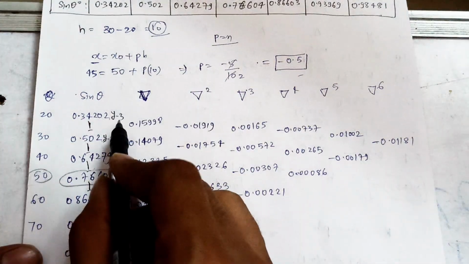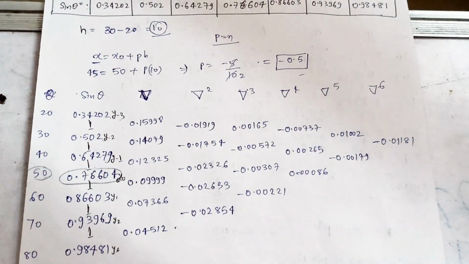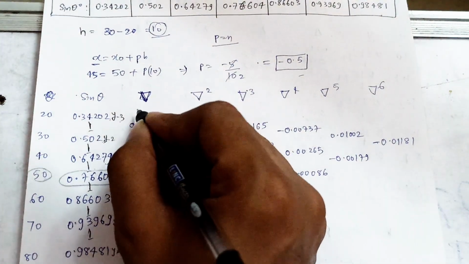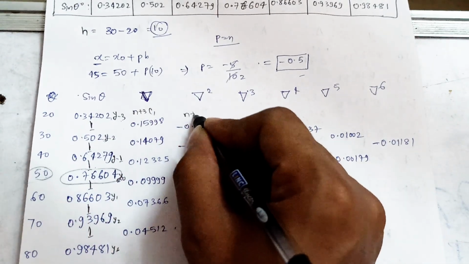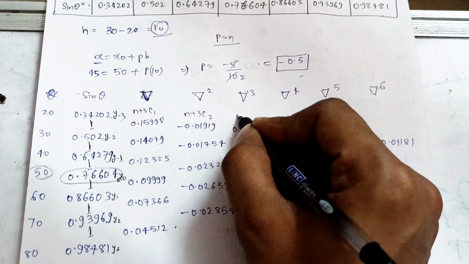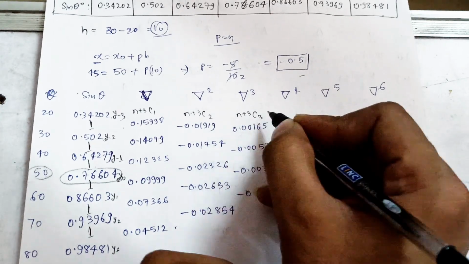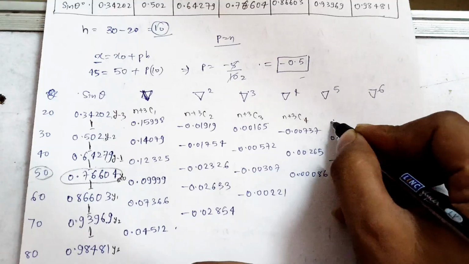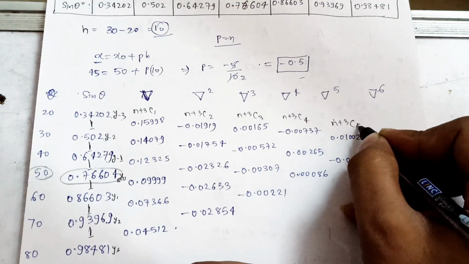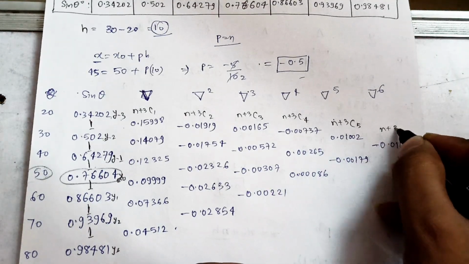Since we have y minus 3 here, we are going to apply n plus 3 c1, n plus 3 c2, n plus 3 c3, n plus 3 c4, n plus 3 c5, and n plus 3 c6.